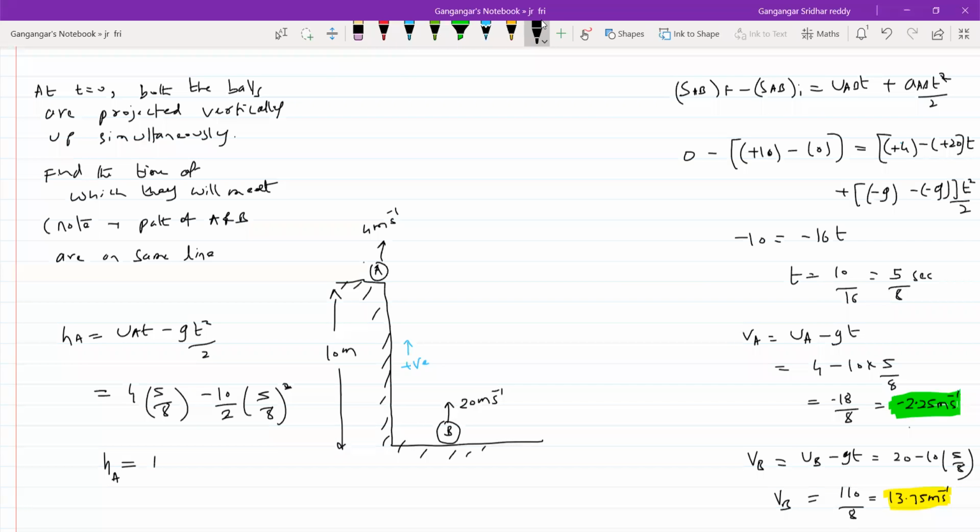13.125. Minus. Why negative? It will be positive only, no? Negative, this one?